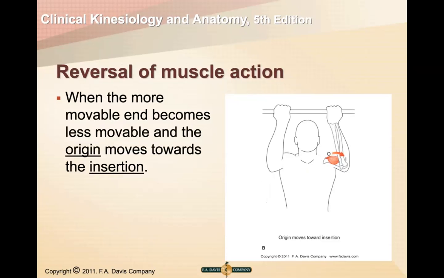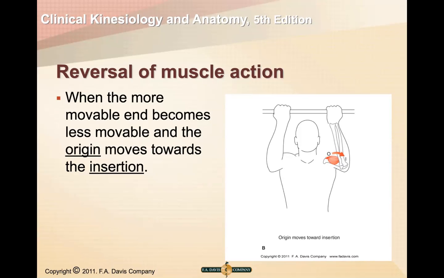Now, one example of reversal of muscle contraction is when the origin moves toward the insertion. Now, there's not going to be many examples of this. One example would be if you were doing a pull-up on a pull-up bar, and let's use the same muscle again, the biceps.